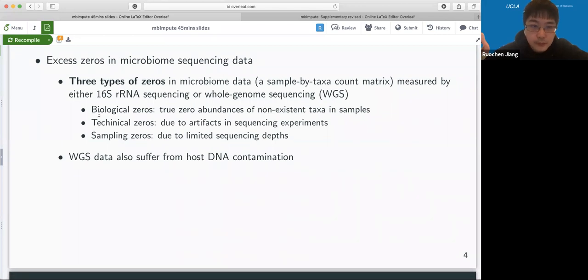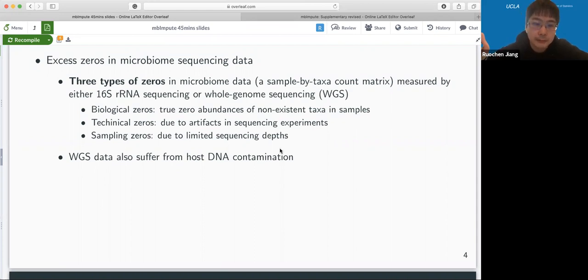Here I want to introduce that there are 3 types of zeros. First are the biological zeros, the true zero abundances, meaning non-existence of taxa in samples. There are also technical zeros due to artifacts in sequencing experiments, and sampling zeros due to limitations in the sequencing depth.